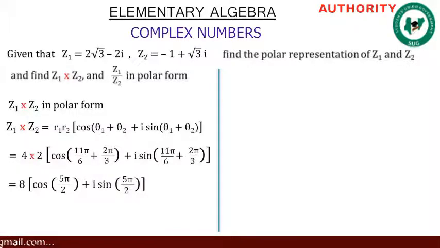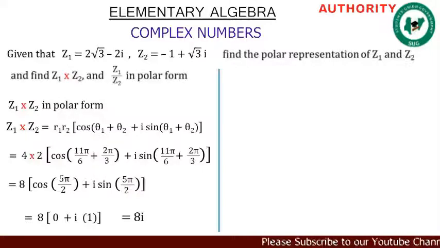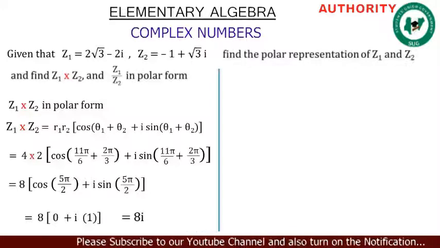Here we have 8 open bracket cos 5 all over 2 pi plus i sine 5 all over 2 pi. So cos 5 all over 2 pi is going to give us 0, and sine 5 all over 2 pi is going to give us 1.